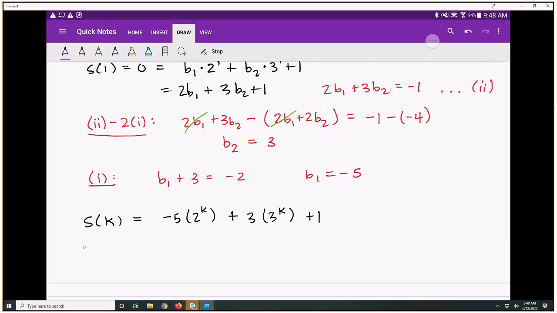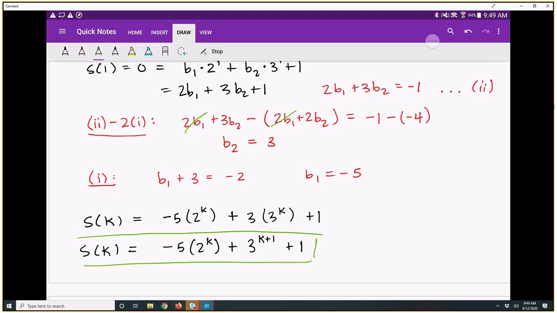And the last thing that I can do to simplify just a little bit is say this is -5 times 2 to the power k. Since in the second term the exponential base is 3 and it's multiplied by 3, I can just write this as 3 to the power k plus 1, and then I have plus 1. And this will be the solution to the recurrence relation.